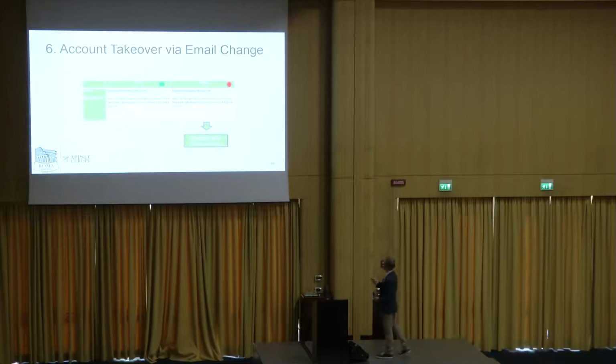Now, in this case, the attacker has control of the account, but the victim still has a reclaim back link. But the attacker also has one, and you see where this is going. So in this case, the victim would utilize his or her link to reclaim back the account. And here was the vulnerability. The reclaim link that was sent to the first email address of the attacker was still working.